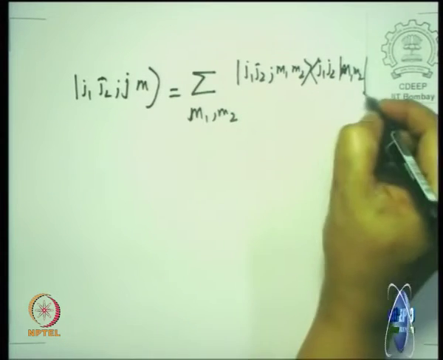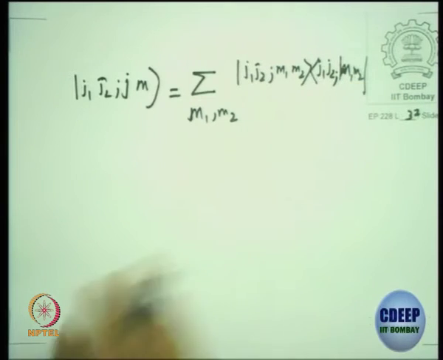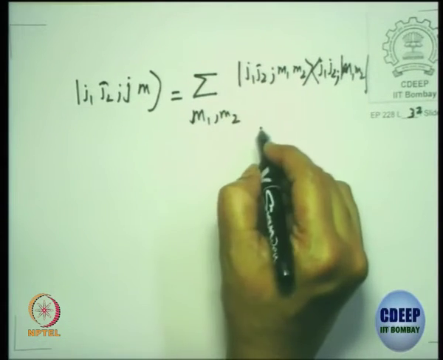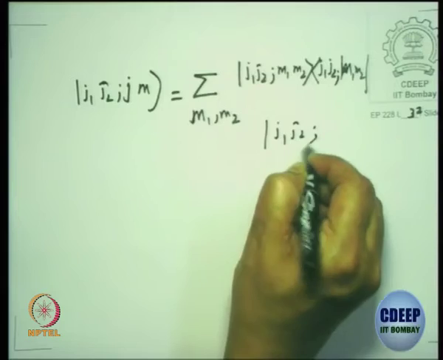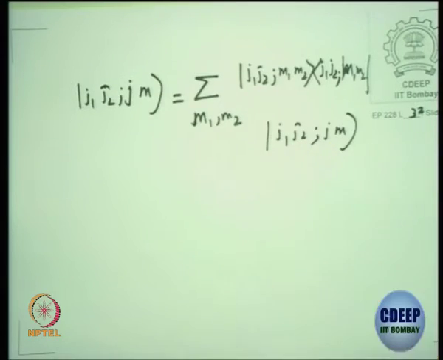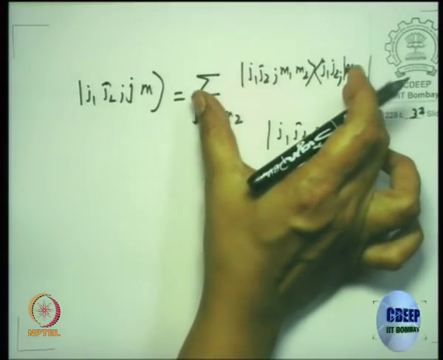Okay, you understand what I am writing, right? This is an identity state multiplying J1, J2, J, M. This is a complete set of bases. This is an identity operator.